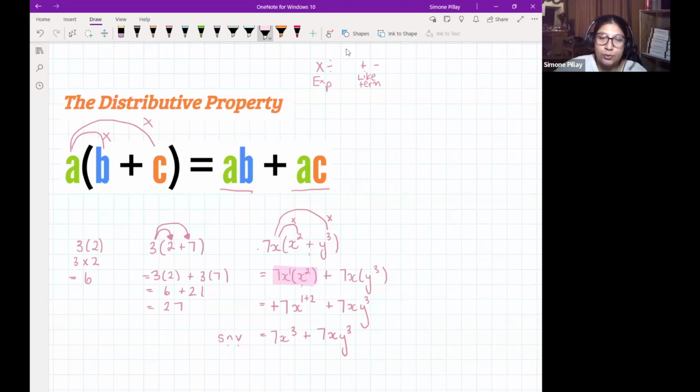And so I didn't actually do the multiplication. It's like I did here. I said 3 times 2 is 3 in brackets 2. So here, 7x, and I follow my line, times x squared is 7x in brackets x squared. You seeing that? Yes, ma'am. Okay. Does that make sense? Are you better now? Yes, ma'am. Okay, great.